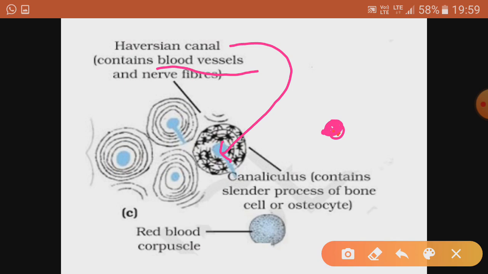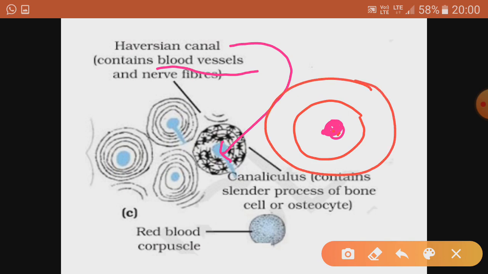Around the Haversian canal we have got some concentric rings or lamellae, and our bone cells are present around the Haversian canal basically.